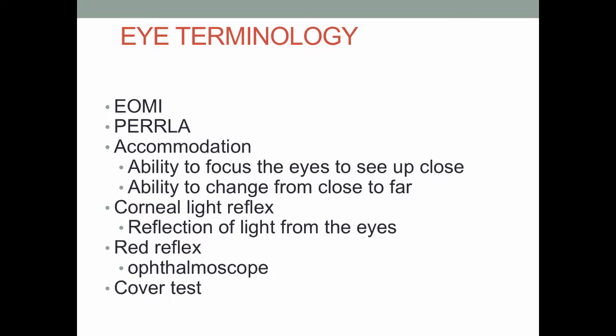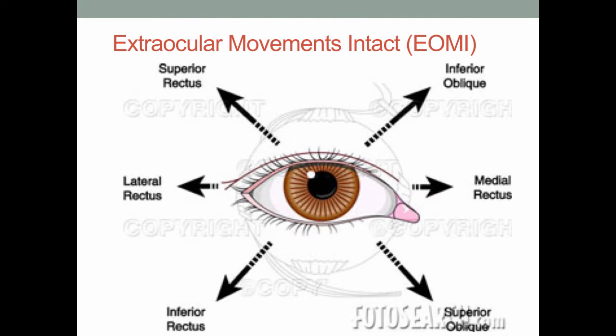So let's delve into a few of these in specifics. The extraocular movements intact, you want to test how strong and how well coordinated those eye muscles are. So this is just a reference to which muscles you're using when you go in the various directions with your EOMs.